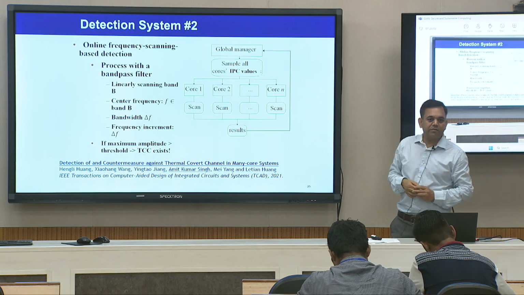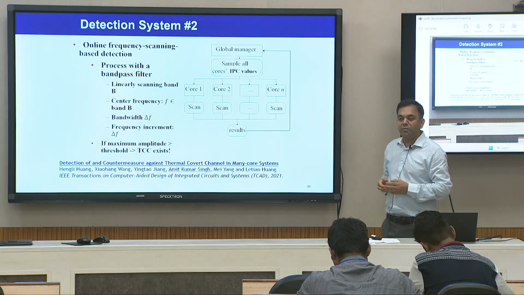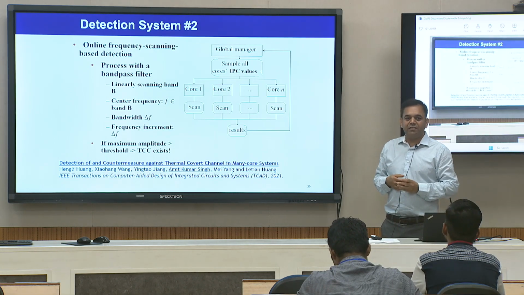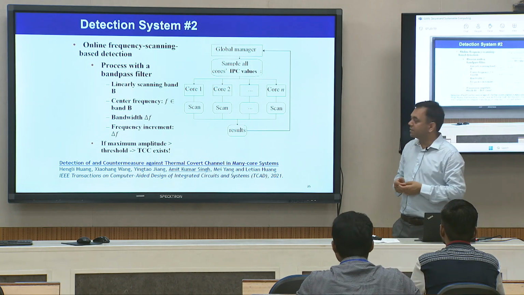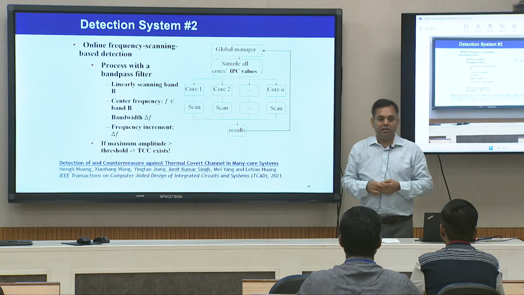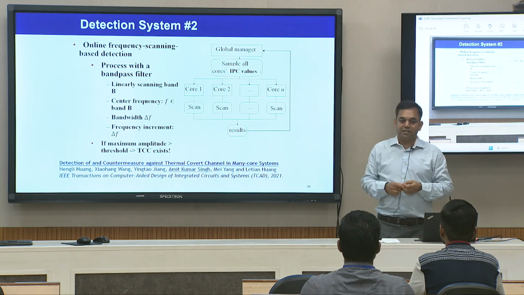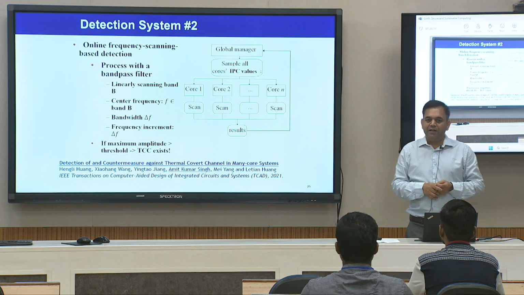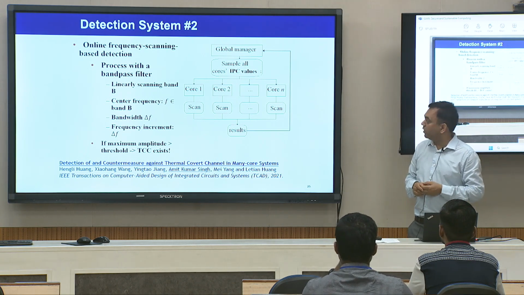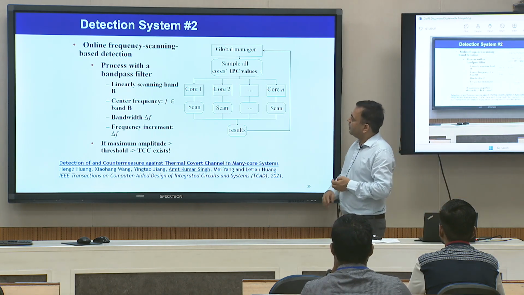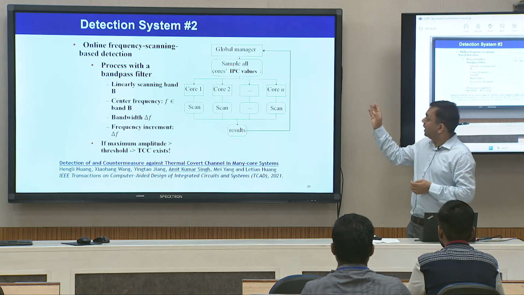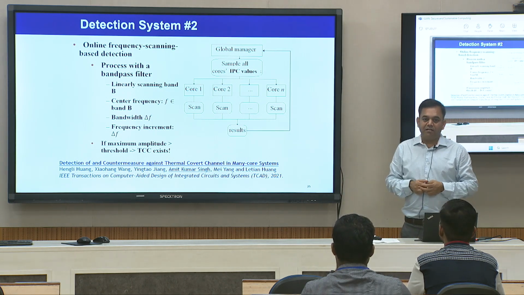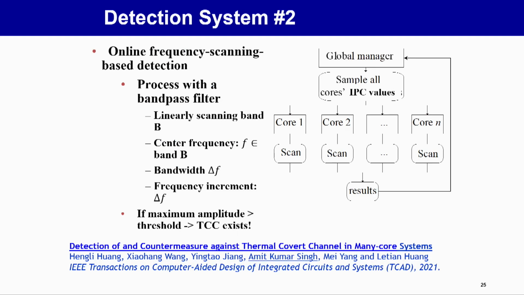This is a very useful metric. You can imagine if there is a lot happening, the number of instructions processed per cycle on each core will be a lot. If less is happening, it will be less. Same as temperature: if a lot is happening, the temperature change will be a lot. So similarly to temperature, we used instructions per cycle, and then we can also detect it.